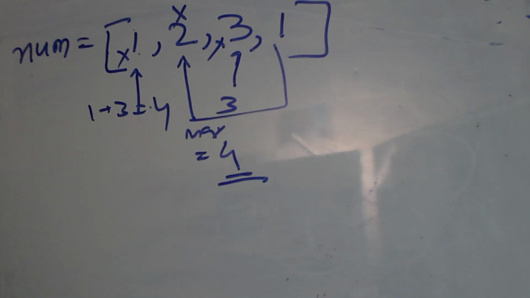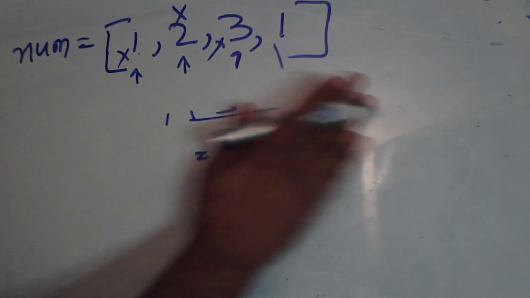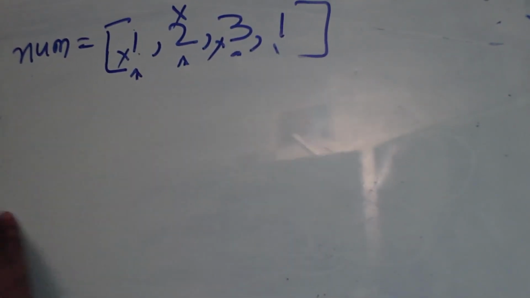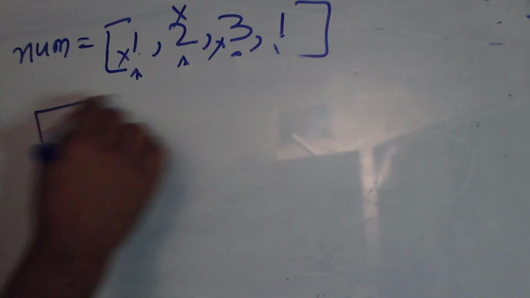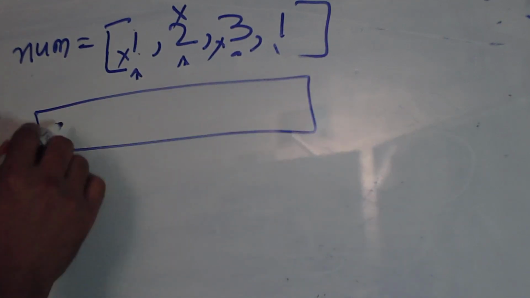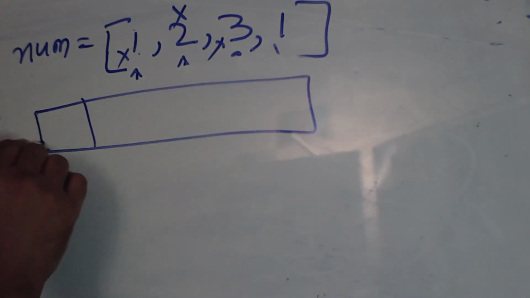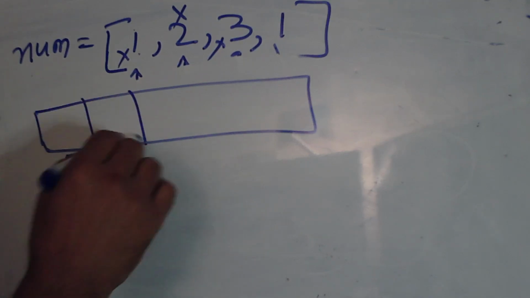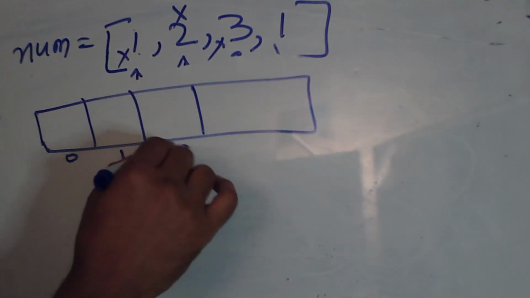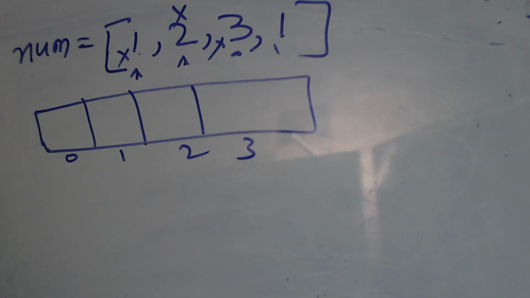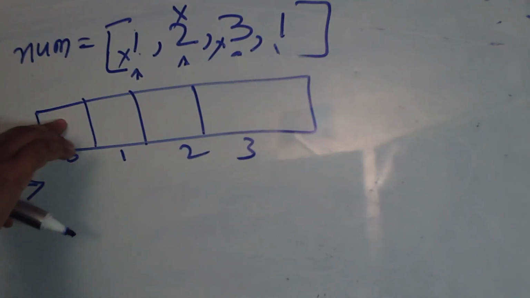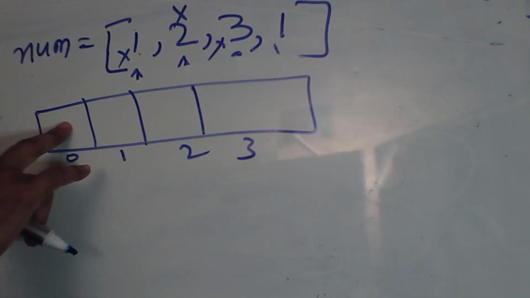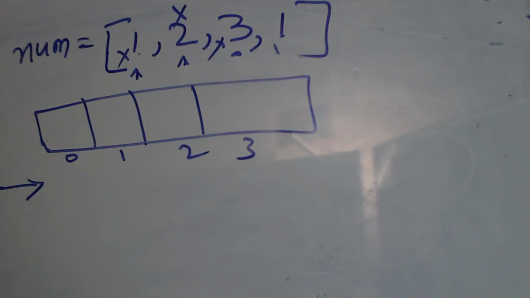Now if we put this in dynamic programming, let's make an array for this, with indices 0, 1, 2 and 3. We're going to start from the 0th index. At the 0th element, how much maximum amount can we pick?